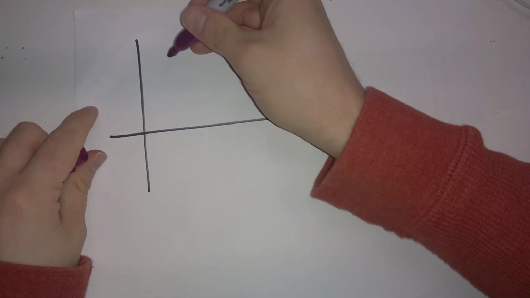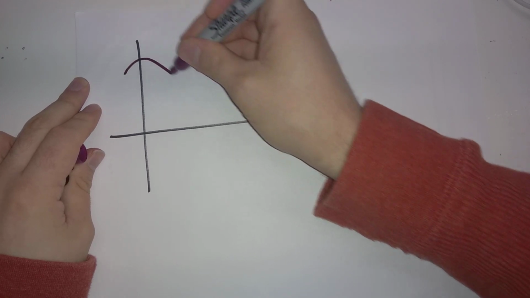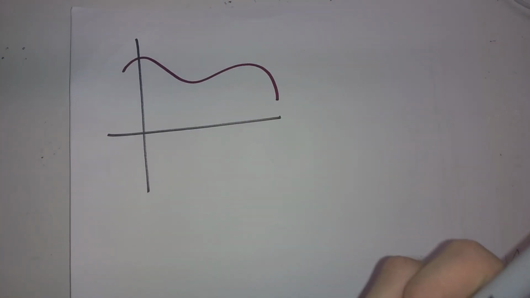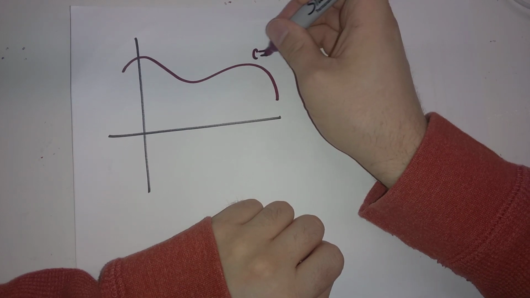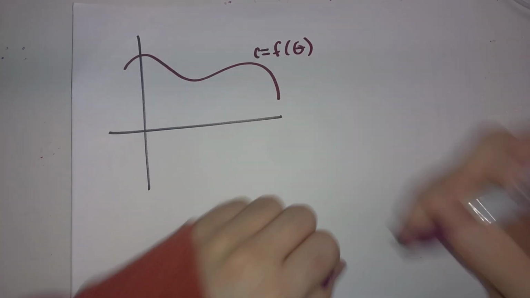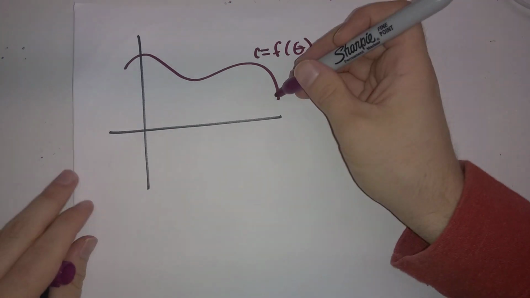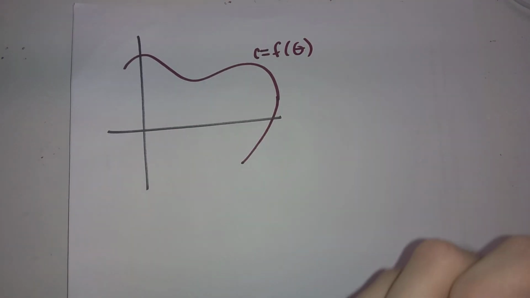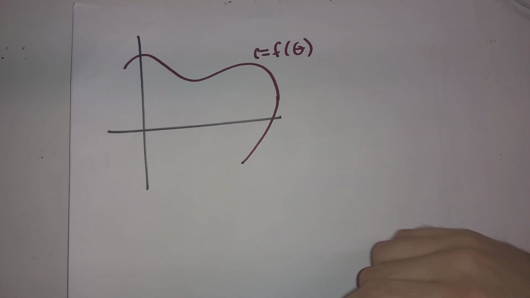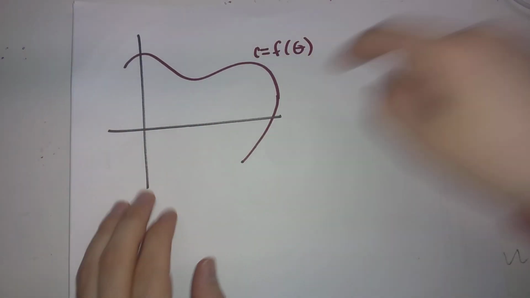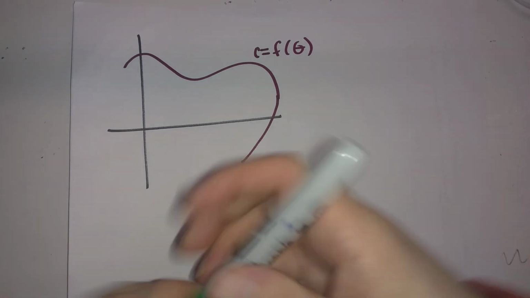So we have some xy axes. And so let's suppose that this is a function of theta. So we have this curve going in polar coordinates here. So we want to think about what is the area of a sector.